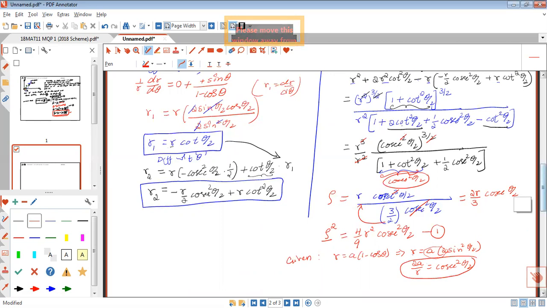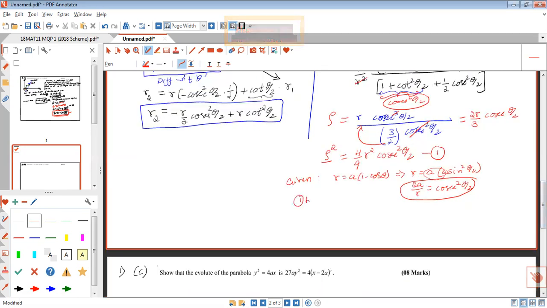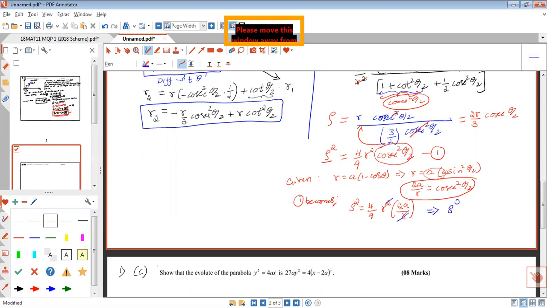So I will substitute in equation number 1. Equation number 1 becomes rho square equal to 4 by 9 r square, the value of cosecant square theta by 2 is 2a by r. So here again one of the r gets cancelled. So finally we will get rho square divided by r to the other side.